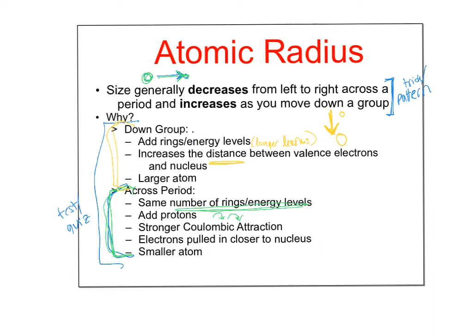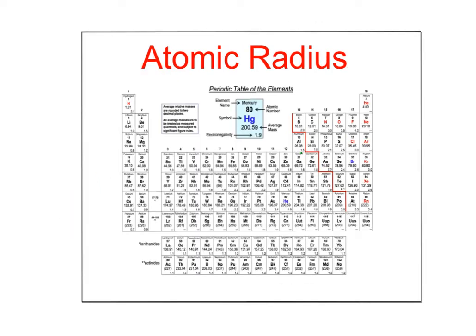Okay, so as we go down, that's gonna be our kind of deciding factor. More energy levels, more rings, that's bigger. But if there's a tie for the number of rings, then we're going to look at protons. So this is just for you guys to label. As I go across, we're going to get smaller. So the atomic radius decreases.